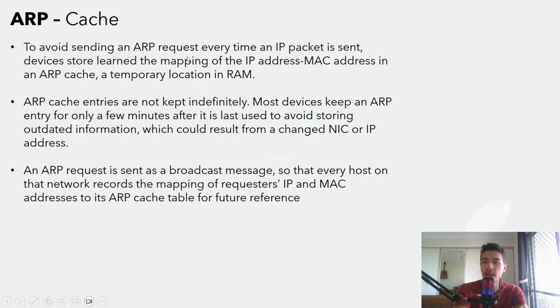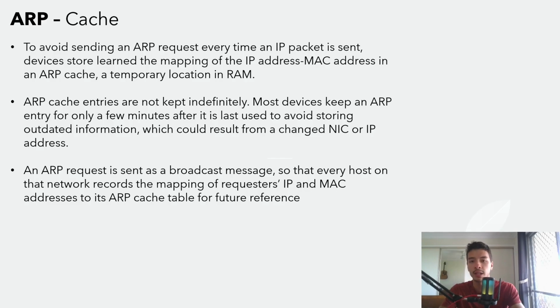Cache. To avoid sending an ARP request every time an IP packet is sent, devices store the mapping of the IP to MAC address in the ARP cache, a temporary location in RAM. RAM is your sort of memory that is malleable. It's easy to access and much faster than the stored hardware on your normal storage.